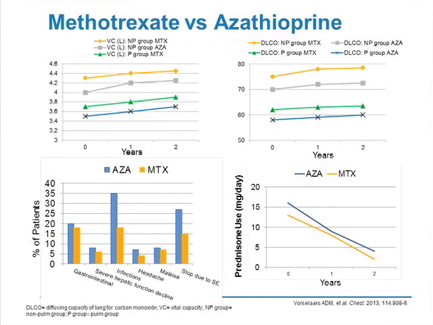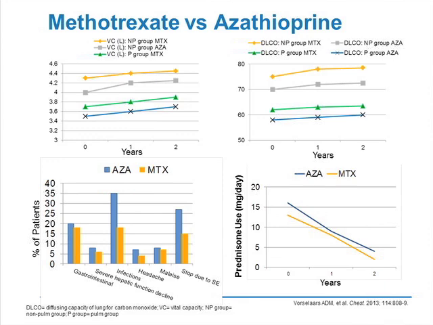One recent study looked at a comparison, just on an observational level, of methotrexate versus azathioprine. These were done in 2 centers in Northern Europe. You can see by looking at this data that the vital capacity and diffusing capacity for both methotrexate and azathioprine is relatively improved similarly with both agents, given the caveats of this being observational and done in 2 different centers.